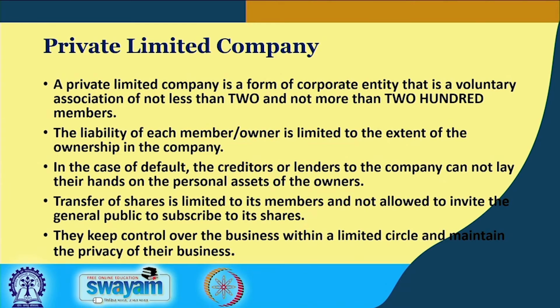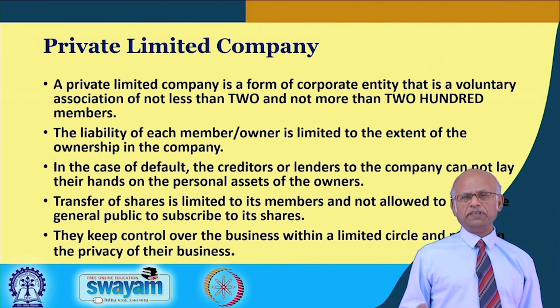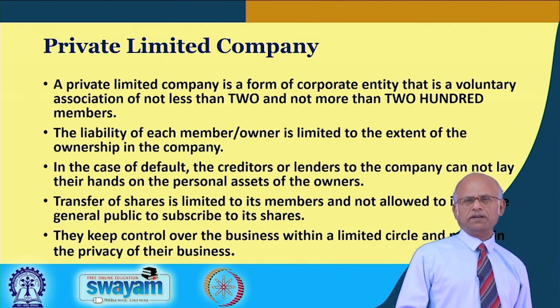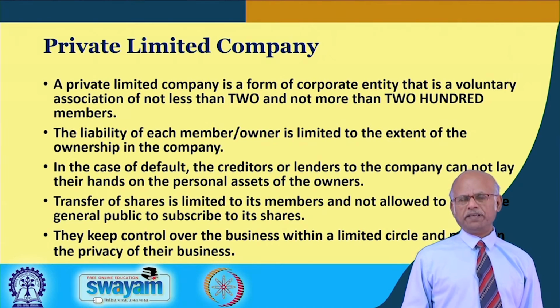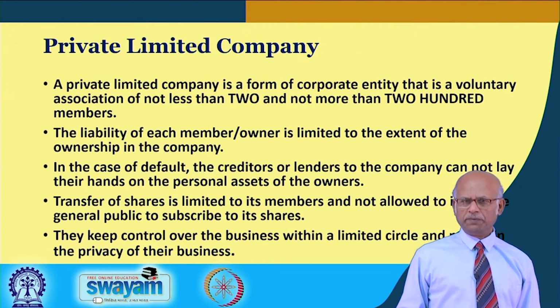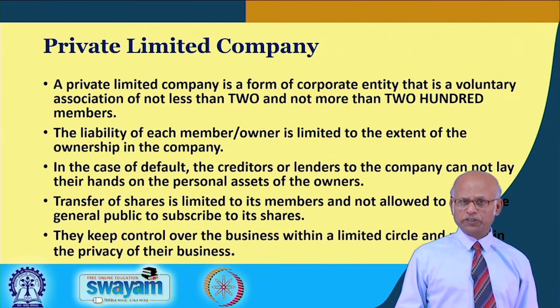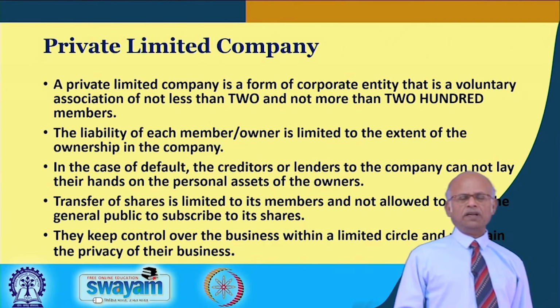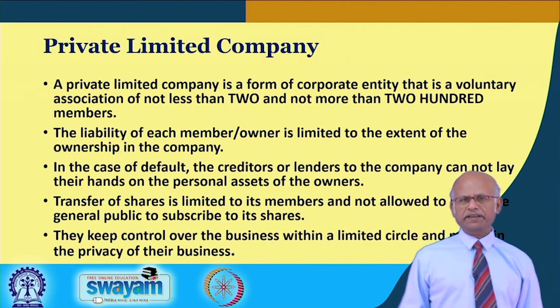I will read the last line because it is not fully visible. They keep control over the business within a limited circle and maintain the privacy of the business, meaning that a public limited company has to publish their books of accounts, with an annual report which contains their business strategies, their futuristic guidelines.